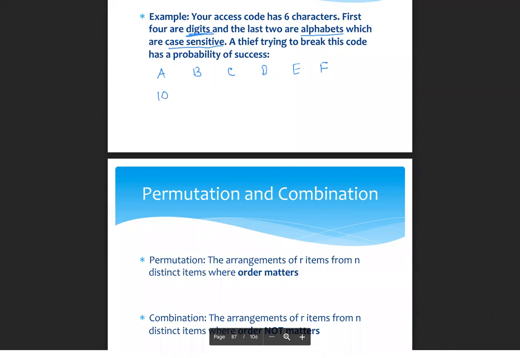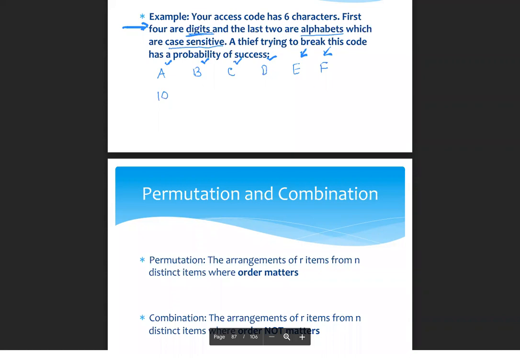It says 4 digits. So would it be 6 because 4 of them are in event A? No. Only one was selected for A. Remember, there are 6 events. That means the first 4 are selecting digits, and the last 2 are selecting alphabets. So you just selected 1 digit. You have 3 more to go.